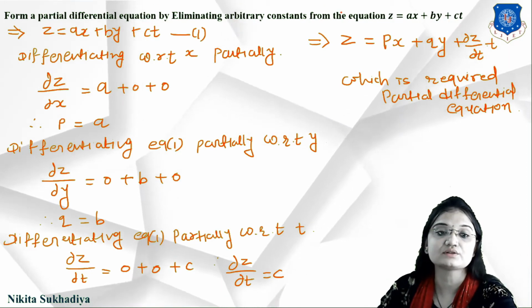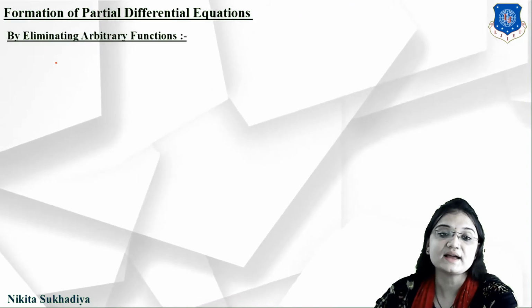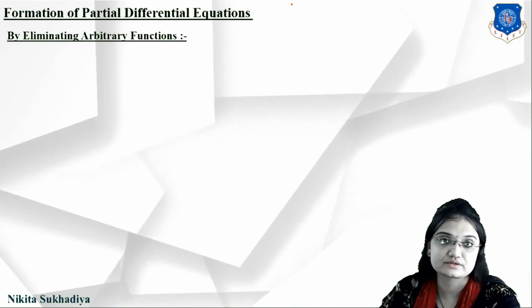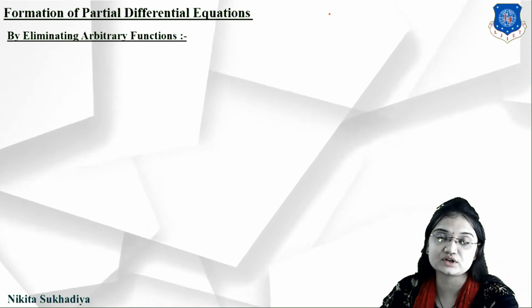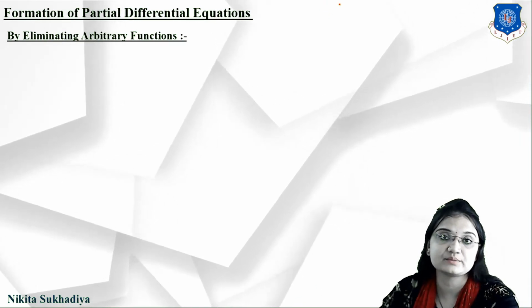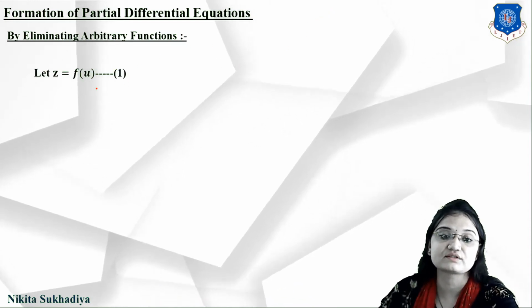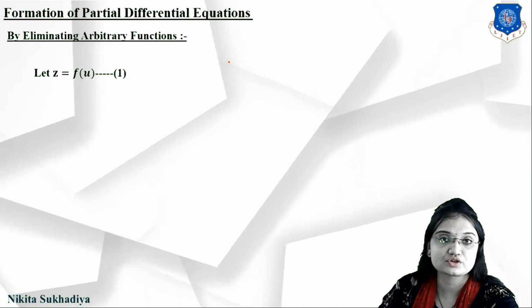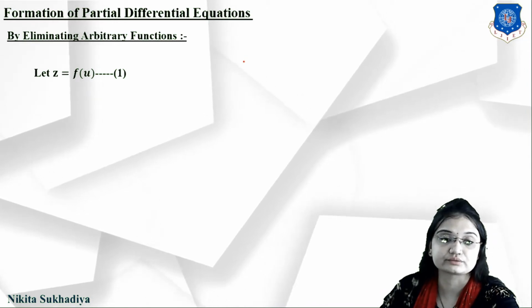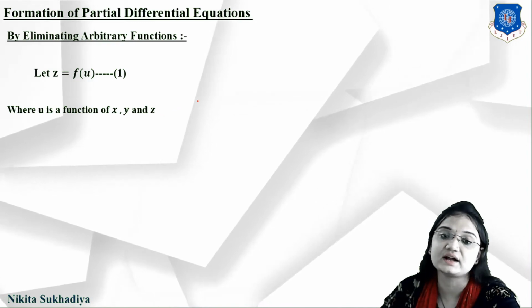Okay, now the next topic is forming a partial differential equation by eliminating arbitrary functions. So let's understand the procedure. First of all, let z is equal to f of u, that is equation number 1, that is our function, where u is a function of x, y and z.